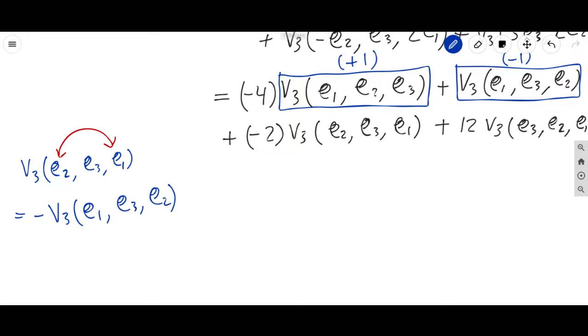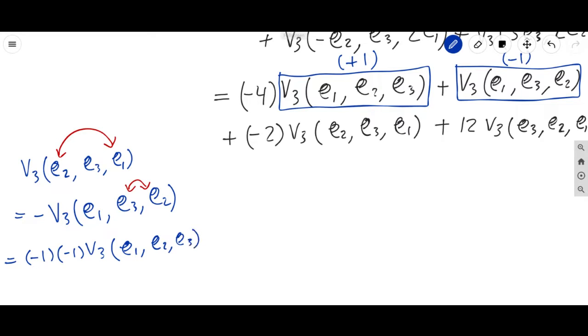But then if you look at this, it's still not in the right order. The first one is in the correct position, but these two are not in the correct position. So then you have to flip these two around again. And if you flip those two, then you would get another minus sign. So you would get that this is equal to -1 of -1 of V3 of E1, E2, and E3.